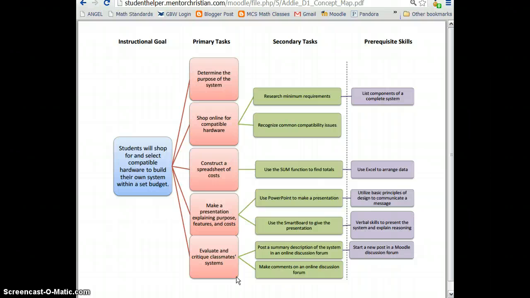And then we used an online discussion forum here in our Moodle site where they could critique each other's systems, maybe ask questions about it or suggest certain things. And the students seemed to enjoy that.